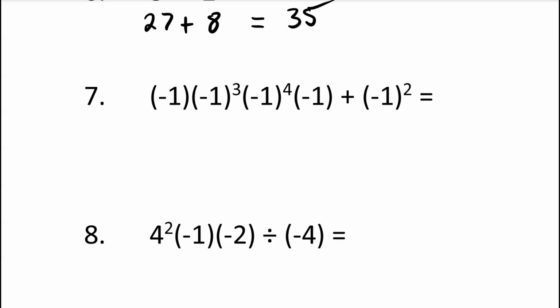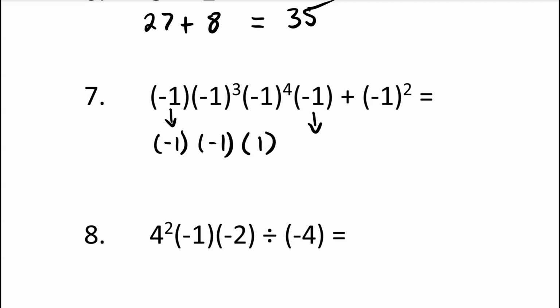So first, this -1 continues down because there's no exponent on it, so it stays -1. Then we have (-1) to the power of 3. We know that this is an odd number for the exponent, so it's going to stay negative, and it'll be -1. Next, we have (-1) to the power of 4. Because it's an even number, it's going to become 1.